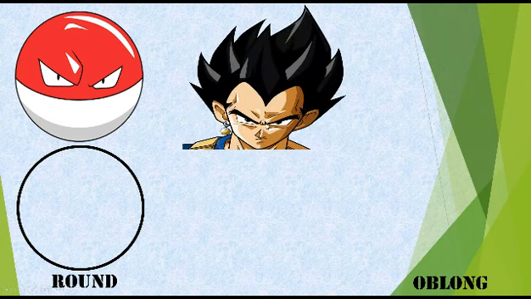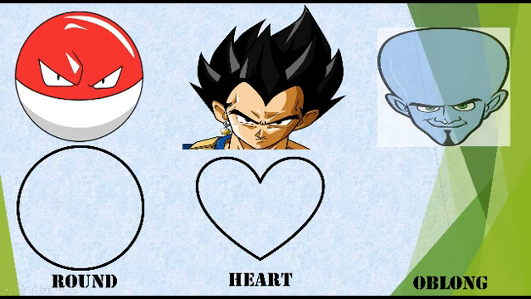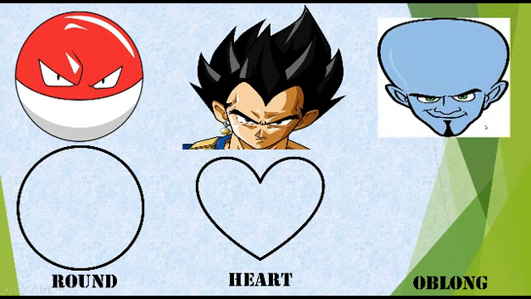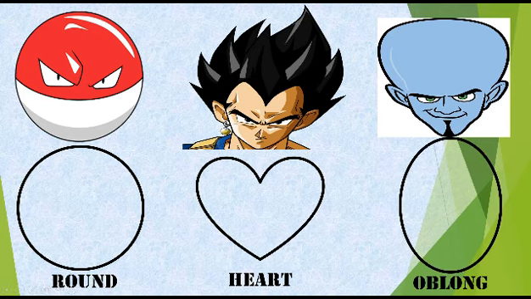The next one is Vegeta. Vegeta is one of the anime cartoon characters of Dragon Ball Z. And as you can see here, the shape of Vegeta's head is a heart shape, while the head of Megamind has an oblong shape, right?